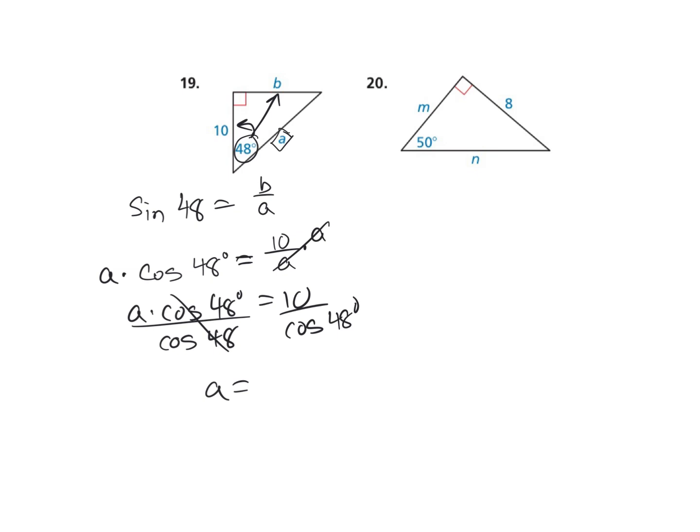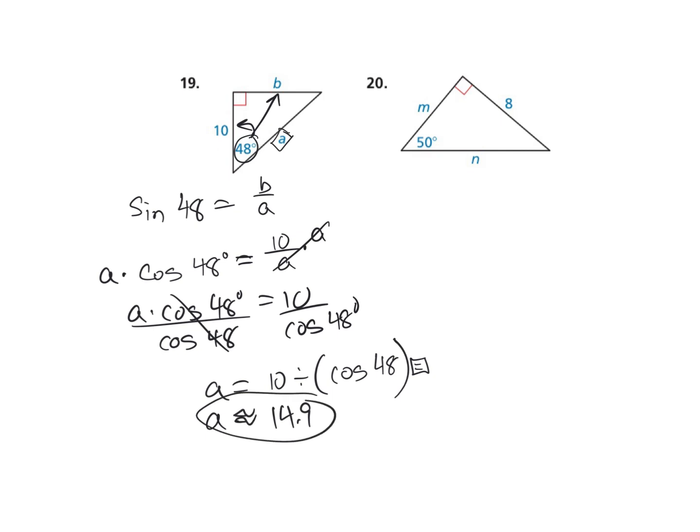Be very careful. Here's how I would suggest you do it. 10 divided by, put a parentheses in, and then however you figure out the cosine of 48, and then close the parentheses, and then hit the equal sign. And if you do that, you should get 14.9. And that looks about right for the hypotenuse, okay?